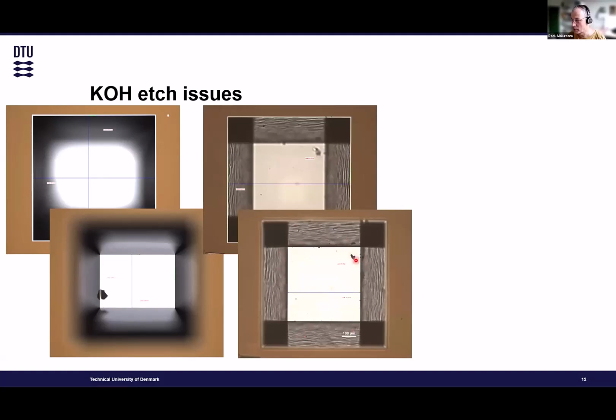Also, the membrane itself was bigger than it was supposed to be, and because of that, since we are working at the limit of what even low stress silicon nitride can support, we start to have cracks like this hole here or this one here in the top membrane that we'd rather avoid. So since we couldn't figure out what is going on, we decided to cleave some membranes and try to see the profile of the silicon etch.